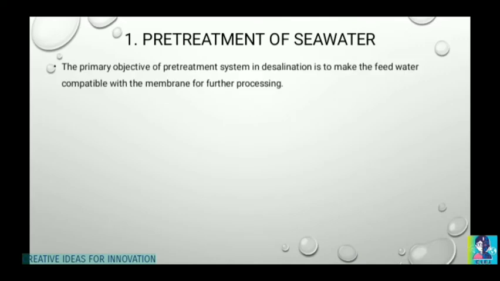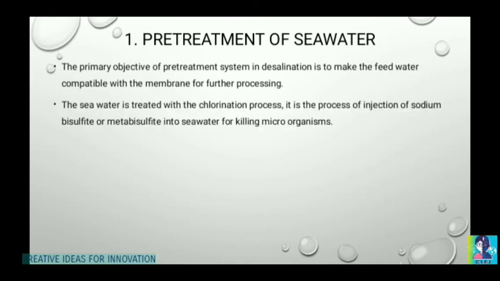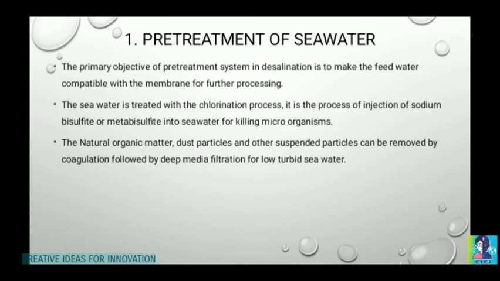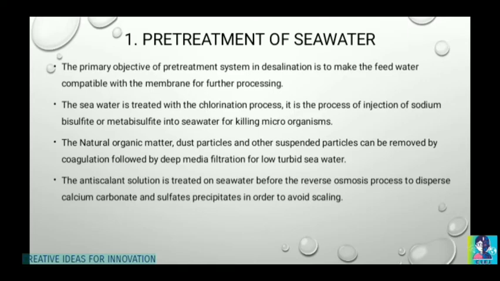The primary objective of the pretreatment system in desalination is to make the feed water compatible with the membrane for further processing. The seawater is treated with the chlorination process, which is the injection of sodium bisulfite or metabisulfite into seawater for killing microorganisms. The natural organic matter, dust particles and other suspended particles can be removed by coagulation, followed by deep media filtration for low turbid seawater.